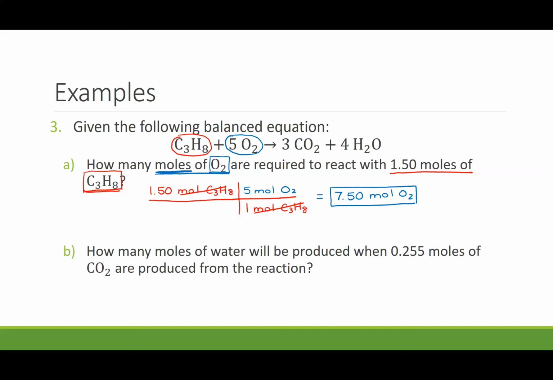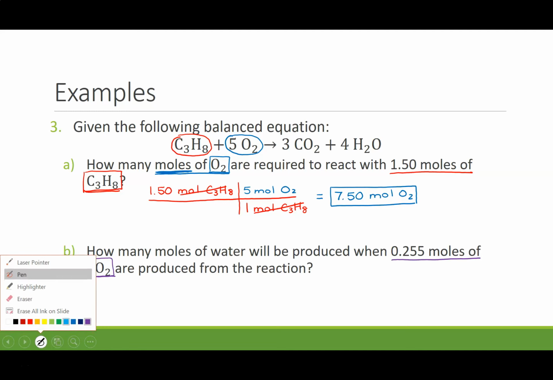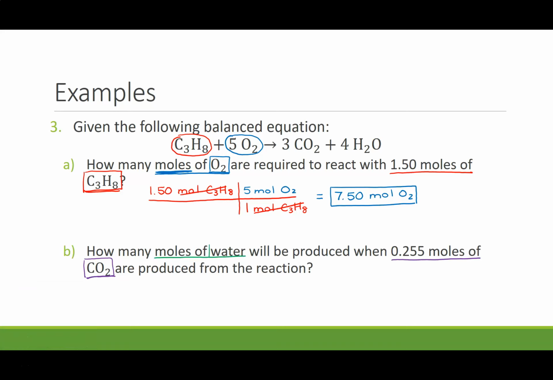How many moles of water will be produced when 0.255 moles of CO2 are produced from the reaction? Again, the first step is to identify the given and the unknown. The given is 0.255 moles of CO2, and the unknown is moles of water.